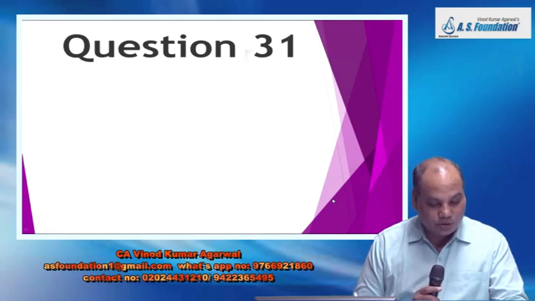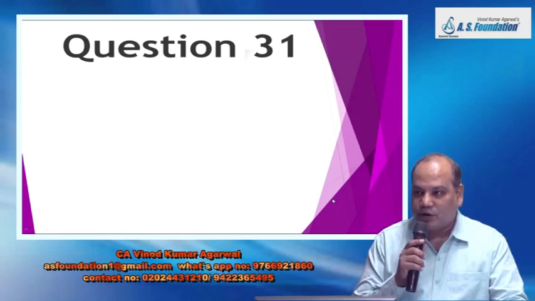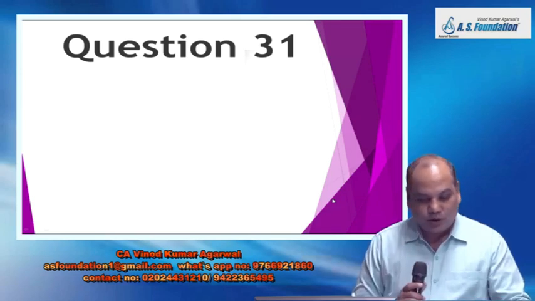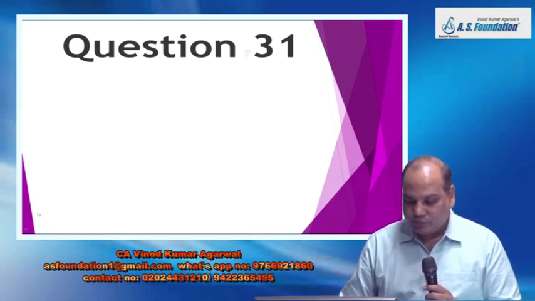So 20,000 into 80%, 16,000, and the markup is 1/3. 1/3 of cost price will be 1/4 of selling price. So URP will be 1/4 of selling price.